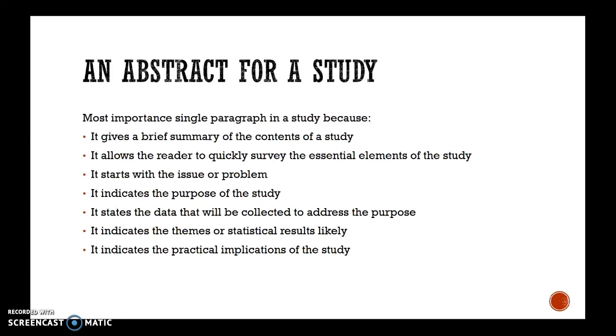Most of the time when we're doing a literature review, we just look at the abstract, then know if we want to continue into the implementation part, because the abstract will tell you the issues or problems, the purpose of the study, the method of collecting data, and how you concluded or what the result of the analysis was. It also indicates the practical implication of the study related to real life.